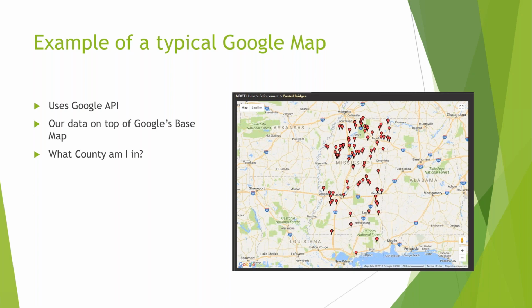So when you start looking at a map like this, and you know, the DOT, a lot of things that we do, we think in terms of counties. We have 82 counties in Mississippi, so when you start asking someone for information in Hinds County, it would be nice to be able to see where that county is on the map.